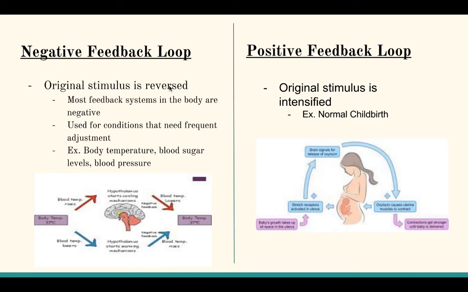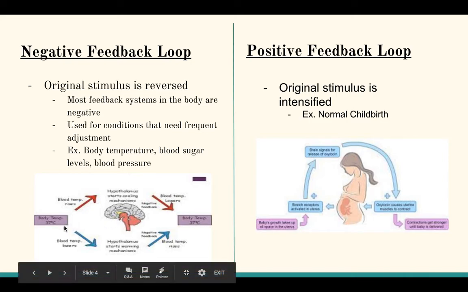If the body temperature is too hot, then it goes through this feedback loop system to make it colder, to make it not so hot. Most feedback systems in the body are negative feedback loop systems, and they're used for conditions that need frequent adjustment. Examples of this are body temperature, blood sugar levels, and blood pressure as well.